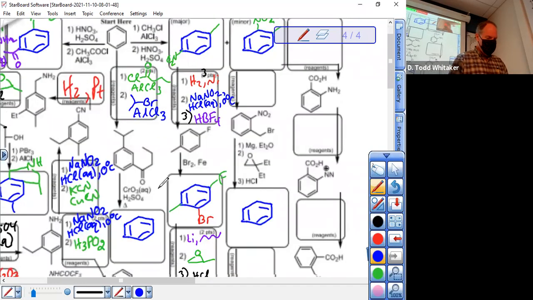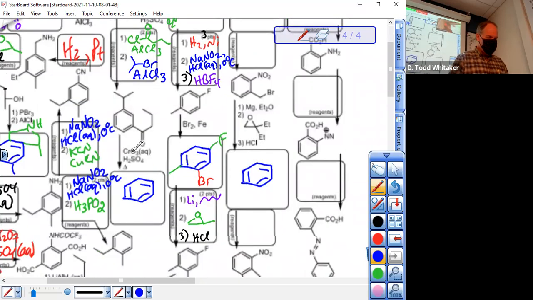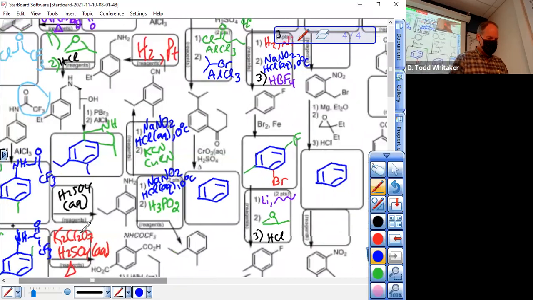And then, CrO3, aqueous H2SO4 and heat does the same thing as potassium dichromate, aqueous sulfuric acid and heat. And the answer is any carbon that has a benzylic H gets converted to a benzoic acid. This carbon here does not have an H, stays as is.